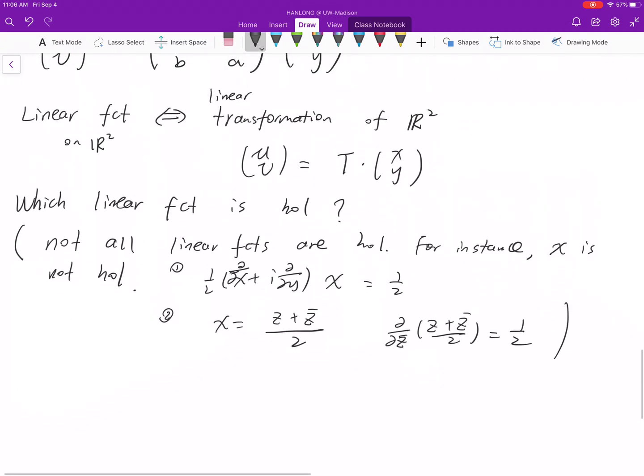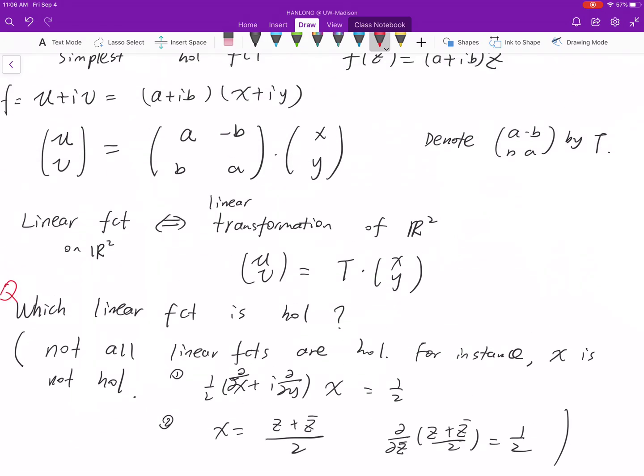Now let's turn back to the question, which linear function is holomorphic? Actually we already computed that. The transformation must have this form, (a, minus b; b, a).